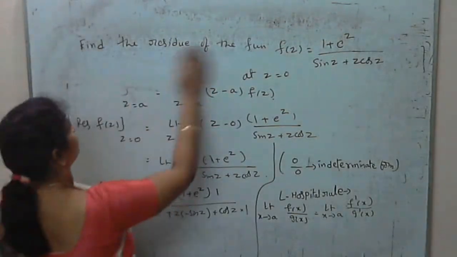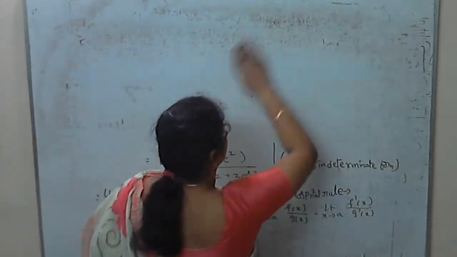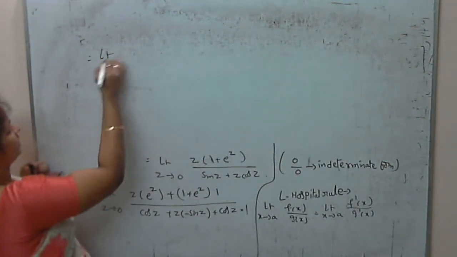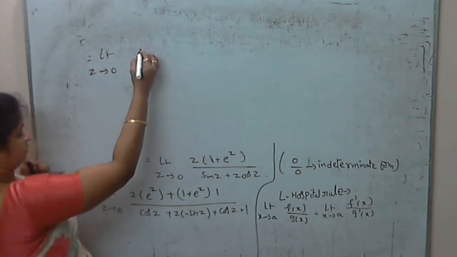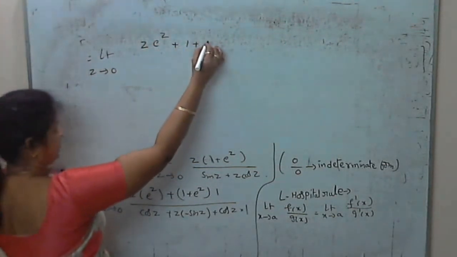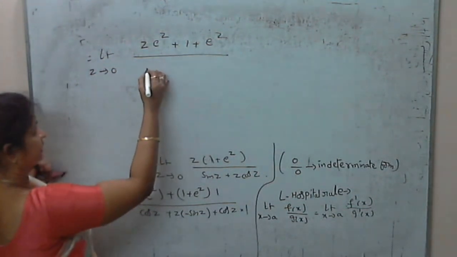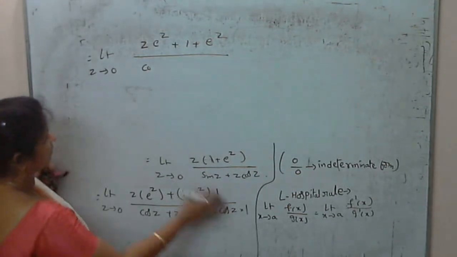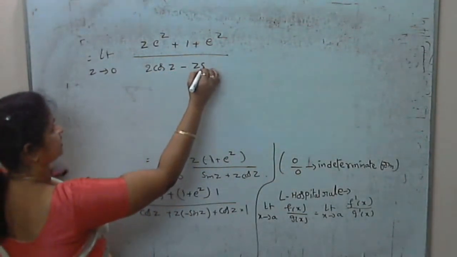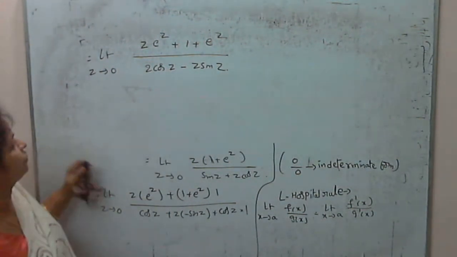Now we will get limit z tends to 0, z e power z plus 1 plus e power z by cos z plus cos z, 2 cos z minus z sin z. Now substitute z equal to 0.